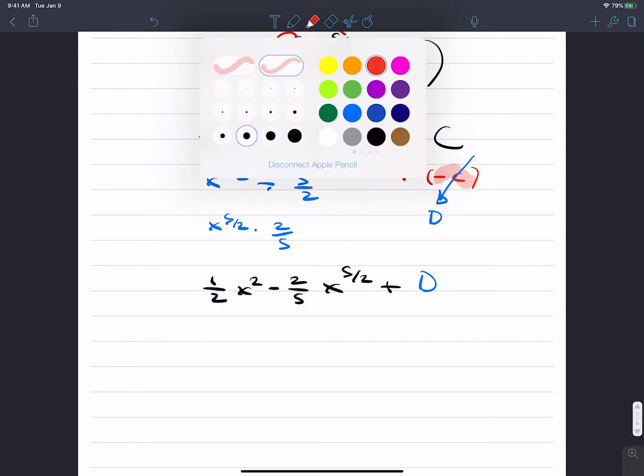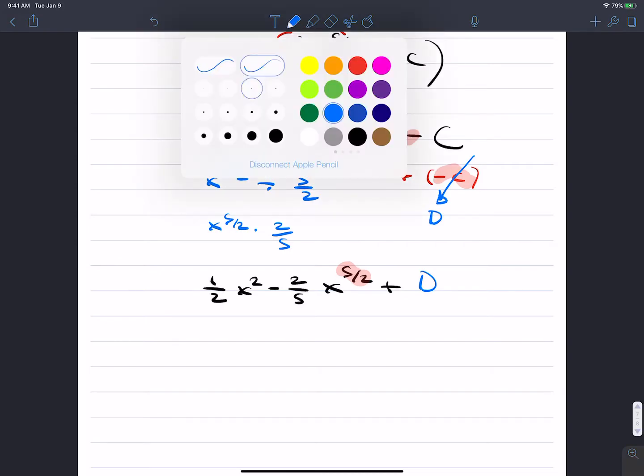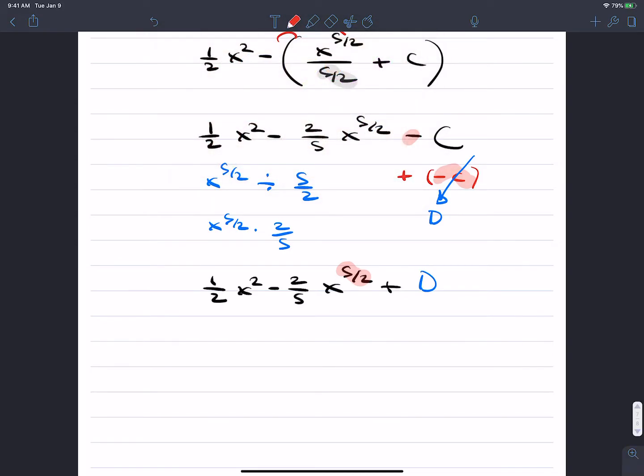Now, what else do you notice here? I want you to point something out. 5/2. How do you simplify this? Remember what we talked about? You write 5/2 as a mixed number. What is 5/2 as a mixed number? It's 2 and 1/2, I think. Is that true?